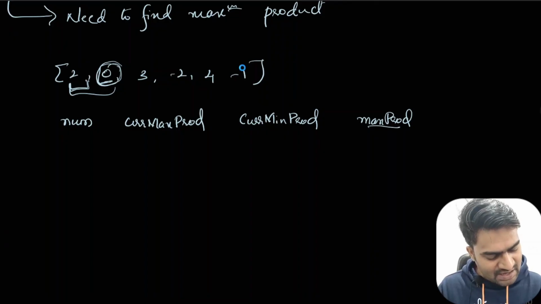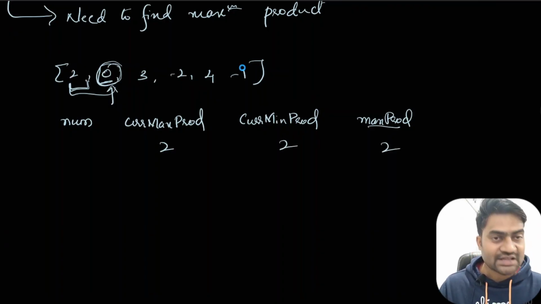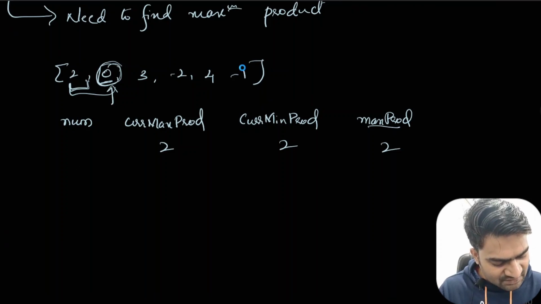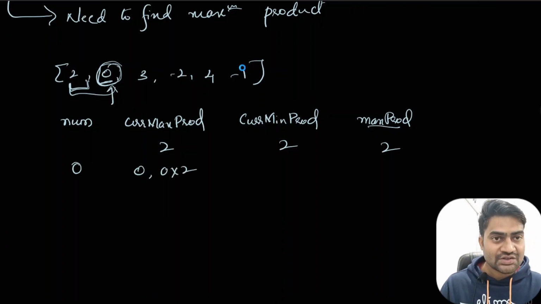Now I will start with this 0. Before that, my current max product will be 2, current min will also be 2, and max will be 2. Now I start with 0. 0 comma 0 into 2 will be 0 only, right?